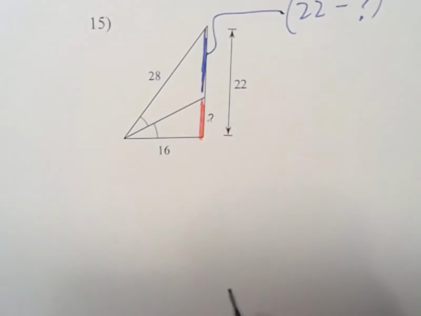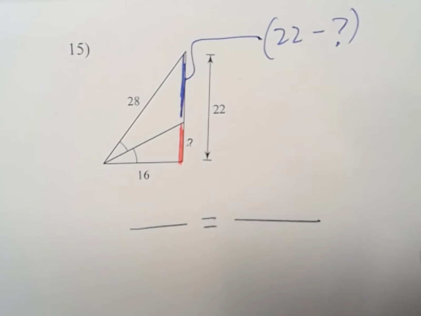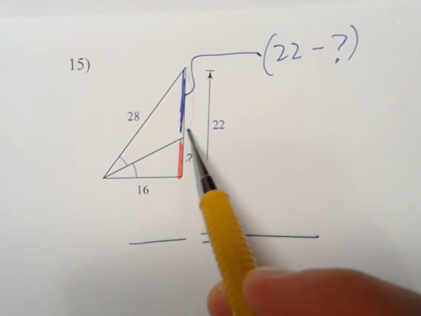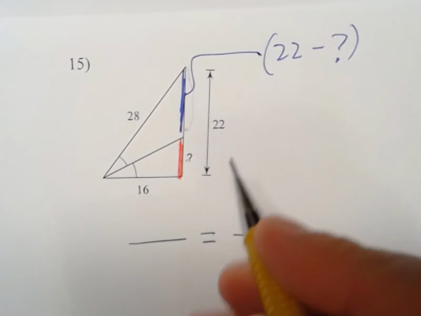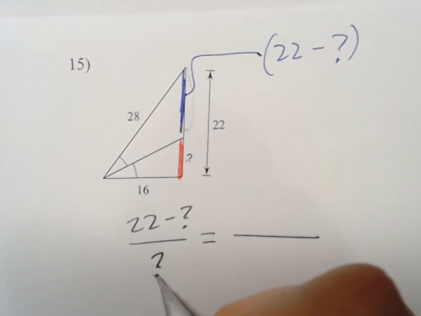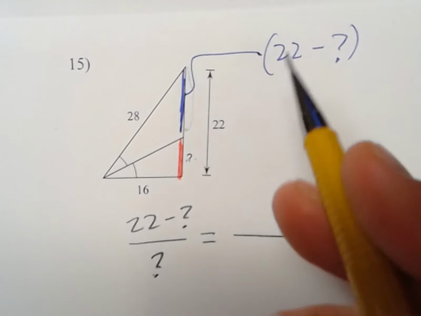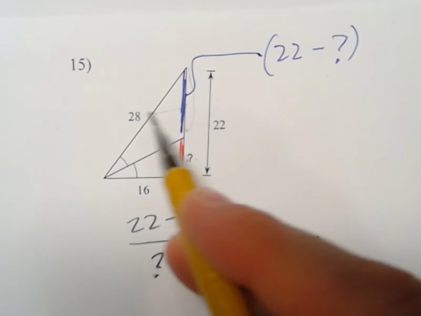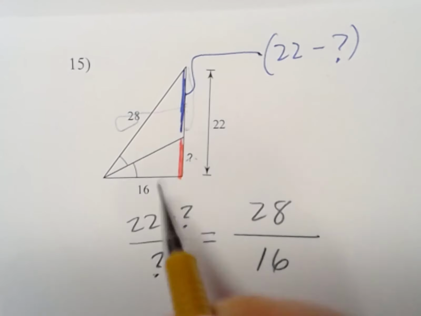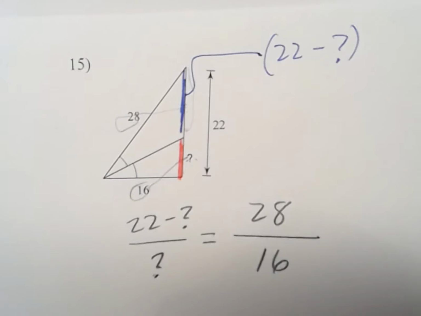So if we're setting up our fractions, the sides across from the bisector are on the same fraction. So 22 minus question mark over question mark. And then the 22 minus question mark corresponds to that, so that goes up here, and this corresponds to the 16 because that comes down here. It's on the same side of the triangle.